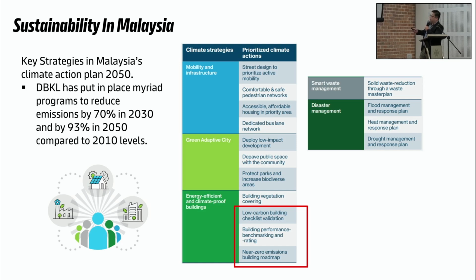Look at the box in red. One of the strategies is to employ energy efficient and climate proof buildings through low carbon building checklist validation, something related to what we are talking about today later, building performance, benchmarking and rating, and near zero emission building roadmap.